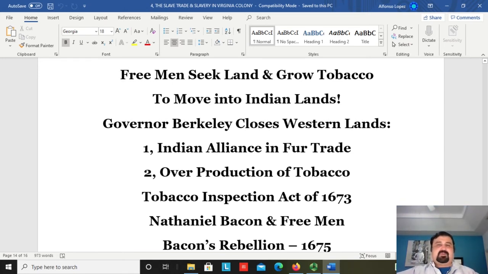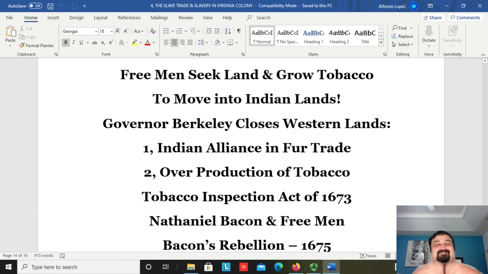Okay, open the doors for Western settlement. But the governor, after a series of talks and deliberations, again, he's meeting with a council of planters in Jamestown, and they discuss the situation. They reach the decision to not open up the Western lands for settlement.